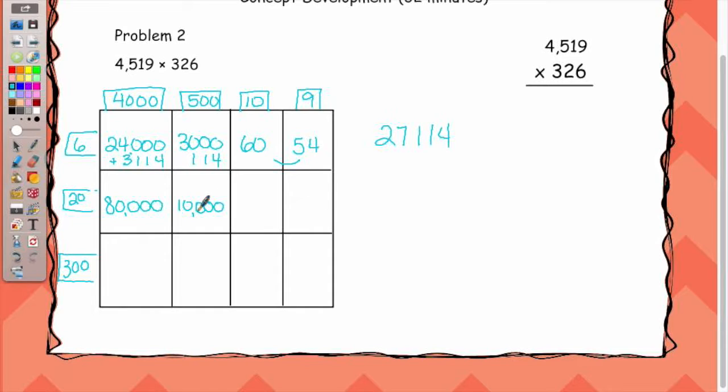Take a look at the box I just did. 2 times 5 is 10, and you still have to have 3 more zeros. So that one might confuse you.